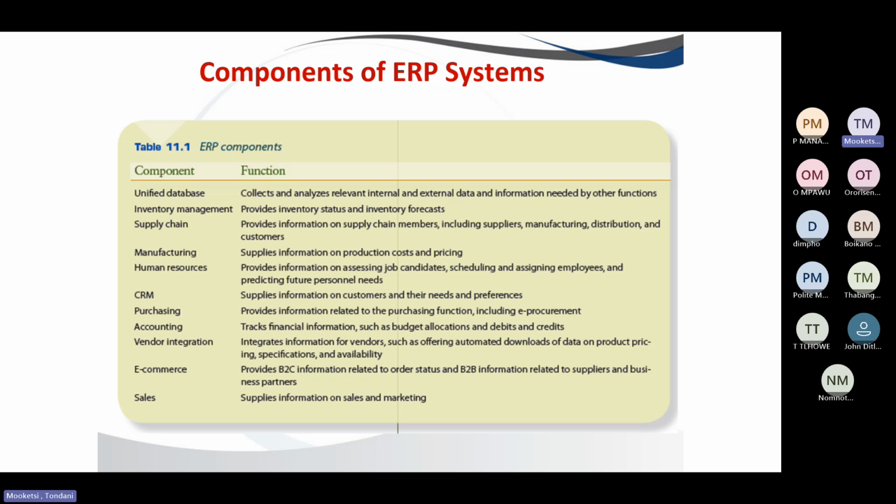Everything that I have discussed, you can find this table there in your book. It's table 11.1. Inventory management, which provides inventory status and forecasts. Manufacturing, supply chain, human resources, purchasing, accounting, e-commerce, all of that. So they are components of an ERP system.